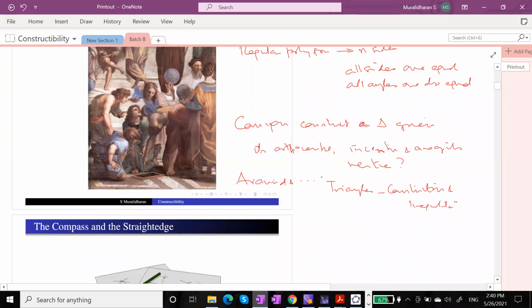In this book, what was investigated is all constructions which are possible by giving any 3 points of a triangle, like one orthocenter, one excenter, one incenter, things like that. This construction part was written by Arvind, who was in the 9th or 10th standard at that time, and the inequalities part I wrote. But these kinds of problems are not at all investigated these days in schools, which is really surprising. Yes, Manu.